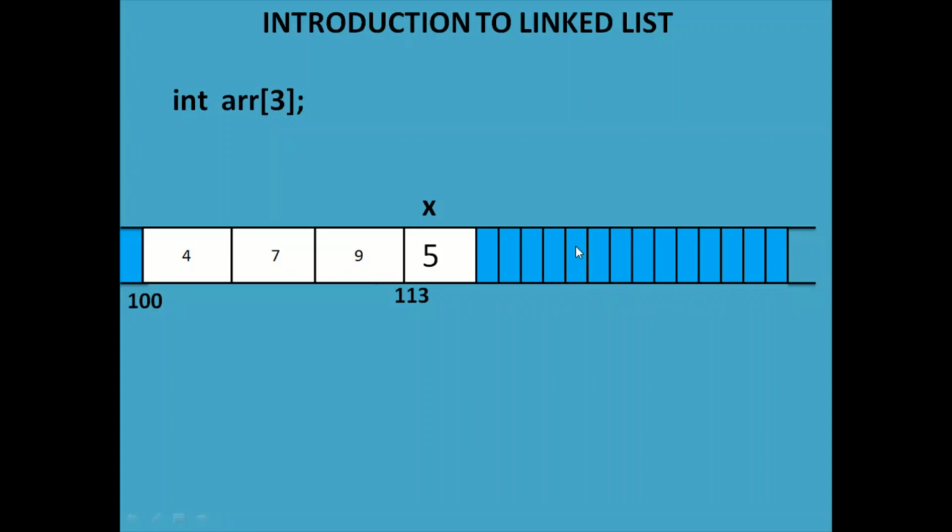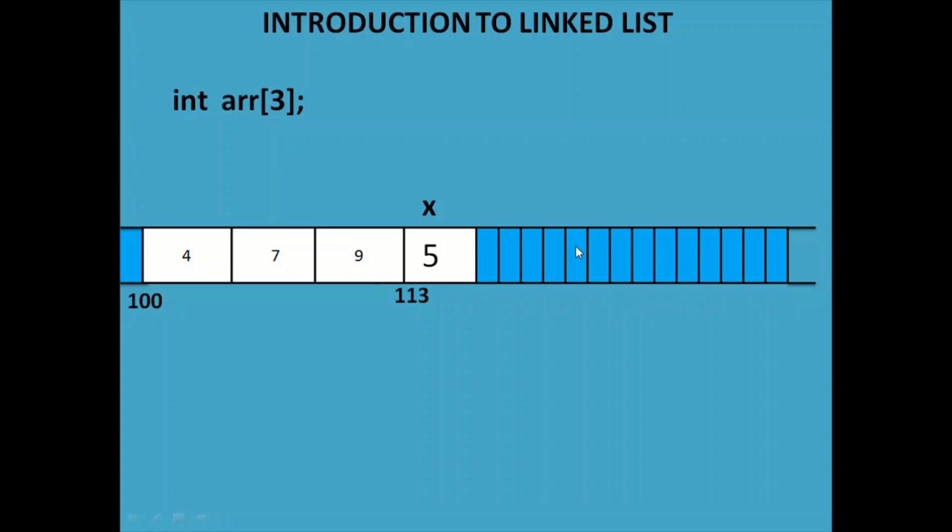So now the programmer thinks, in future, I may be entering 10 values or I may be entering 20 values. If I am entering 10 values, how many bytes are required? 40 bytes. If I am entering 15 values, I require 15 into 4, 60 bytes.